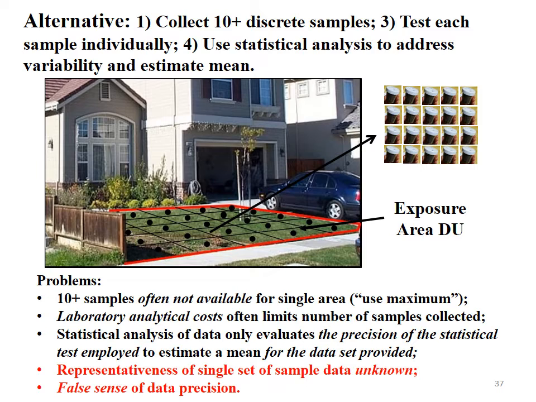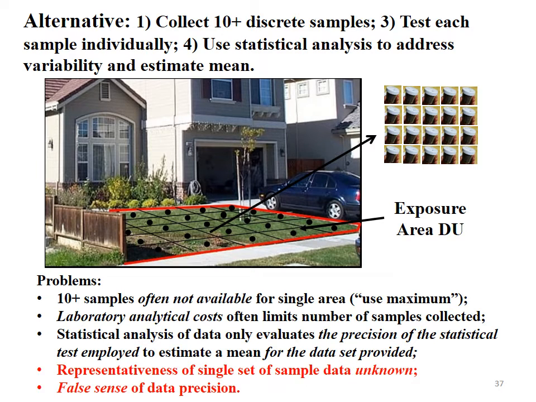The laboratory has independently tested each sample. So the only option the risk assessors have is to use statistical analysis to address the variability and estimate the mean. This isn't a sampling approach that risk assessors came up with. It was something that was forced on them, I would say, back in the 1990s. And it's just the way things have always been until recently.